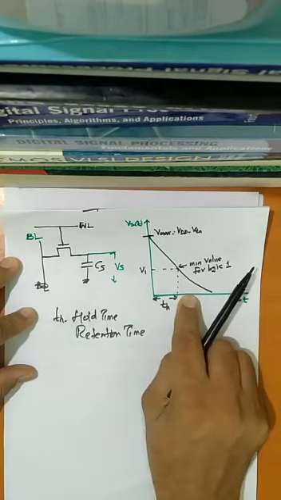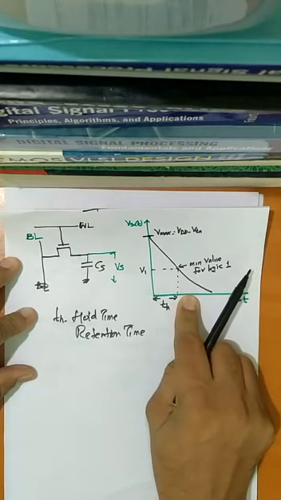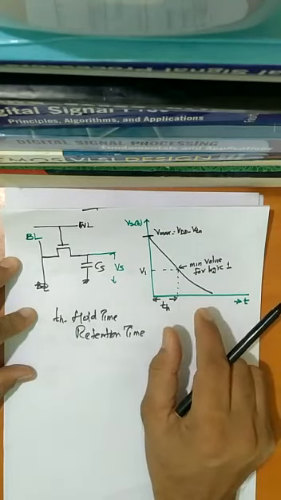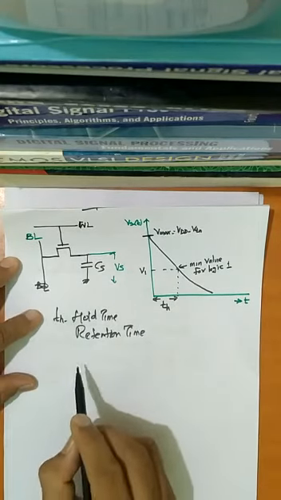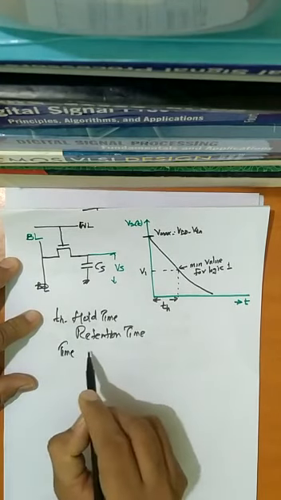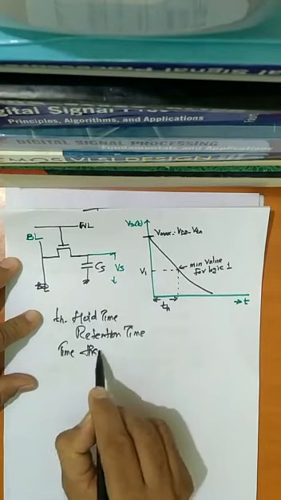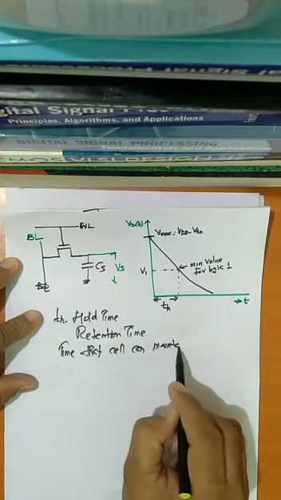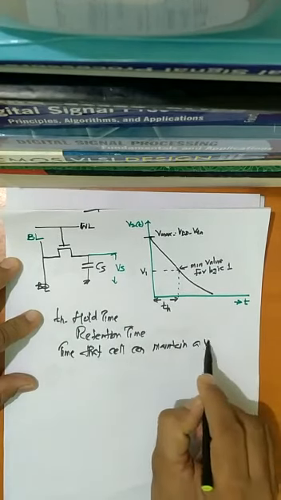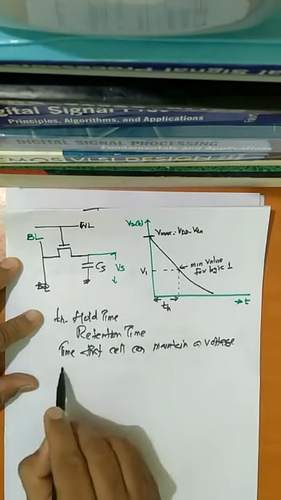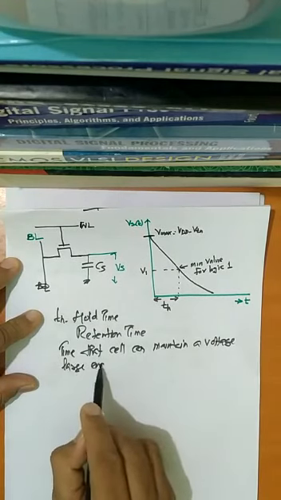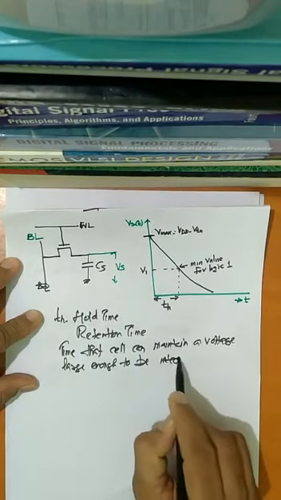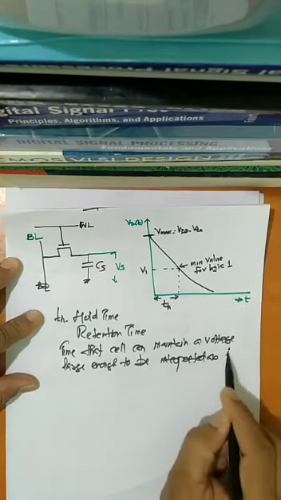So this is the largest time the cell can maintain a voltage which is large enough to be interpreted as a logic one. This is the hold time.